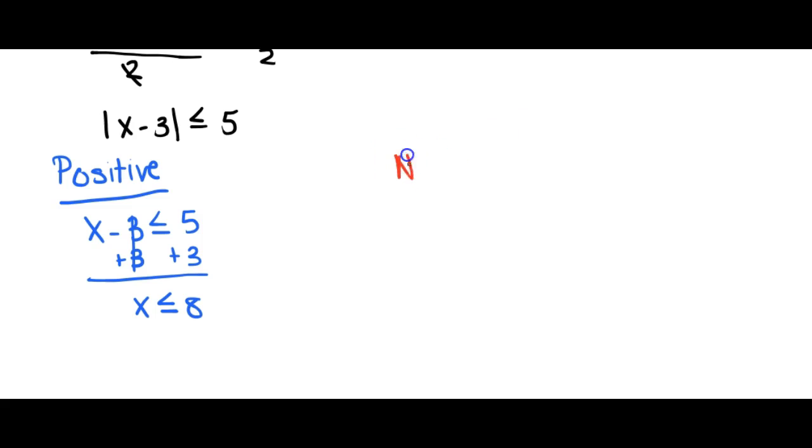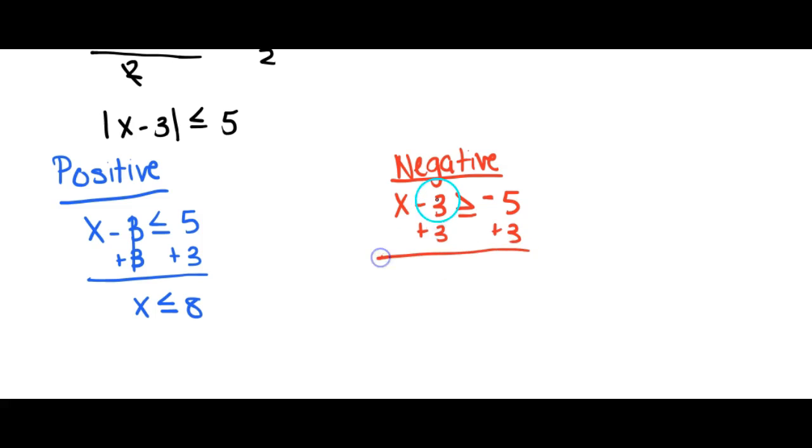And then we have our negative. And then we say x minus 3. Instead of less than or equal to, it becomes greater than or equal to a -5. So add 3 to both sides. And then x is greater than or equal to -2.